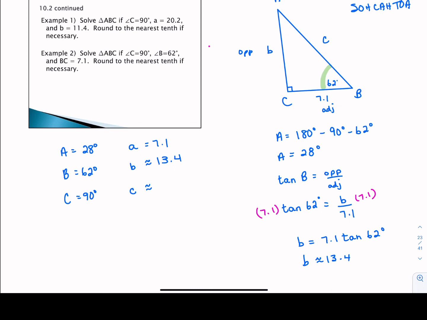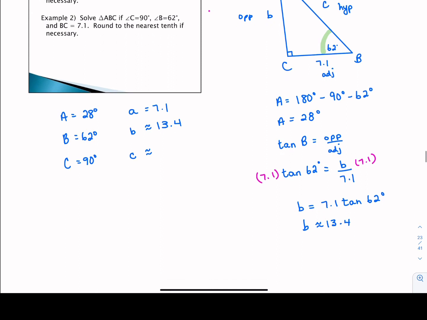So we found side length B, and now that we have two side lengths, truthfully, we could use Pythagoras' theorem, but I always like to go back to the information that we have been given, and I like to use that as much as possible. So we can still keep angle B as our reference, we can still use the adjacent side, but if we want to find the hypotenuse, then the ratio tying adjacent and hypotenuse together is a cosine ratio.